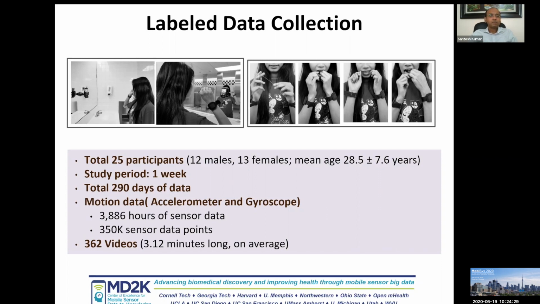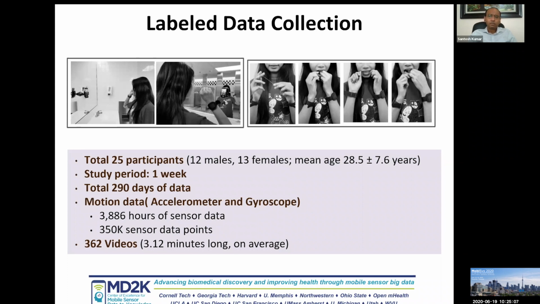So we implemented a video capture on the smartphone, and we provided the participants with a mounting device so that at the time of brushing, they fixed the smartphone on the mirror to capture video during brushing. This video capture was just during brushing, and therefore it didn't involve as many privacy issues. At the same time, it gave us time synchronized measurements because video and the sensor data were being collected on the same smartphone.